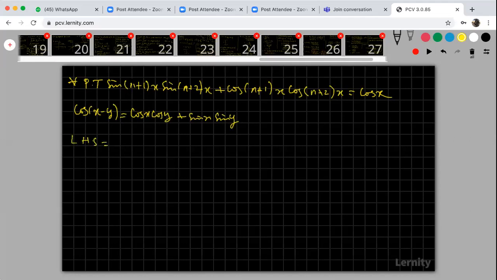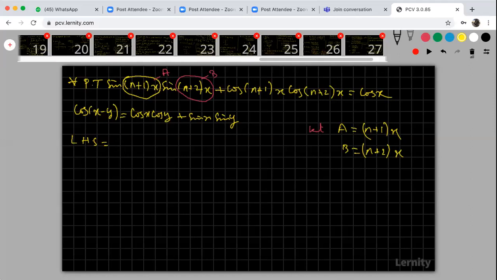This is totally take it as some A. I'm going to take it as this is my A. Okay, n plus 1. This is my B. Let A is equal to (n+1)x, B is equal to (n+2)x.